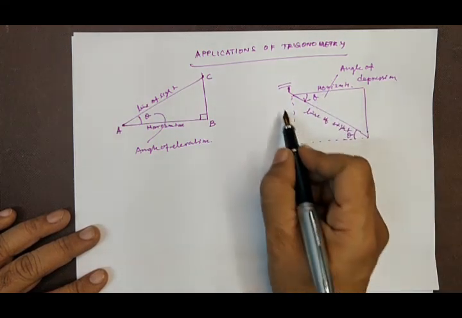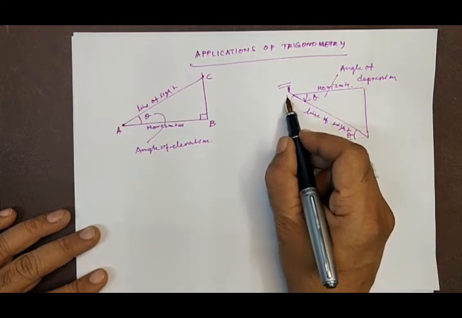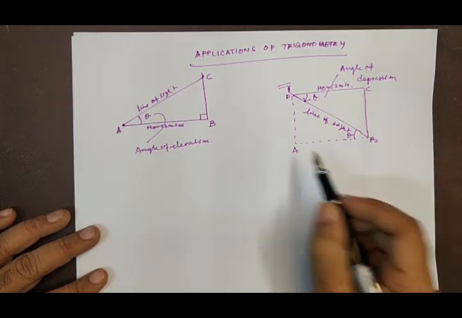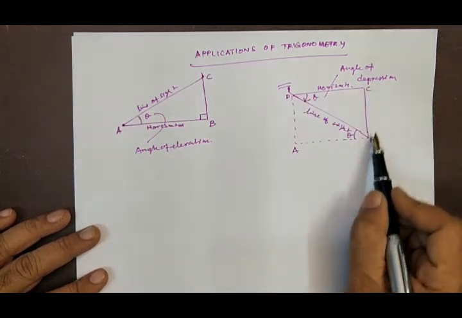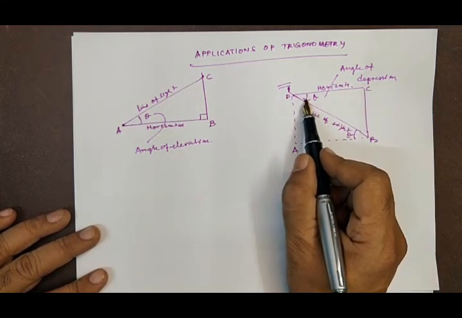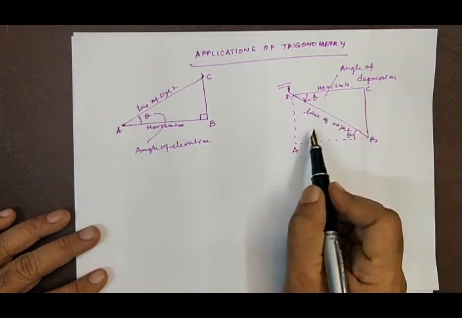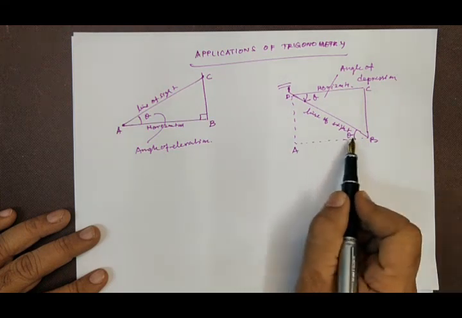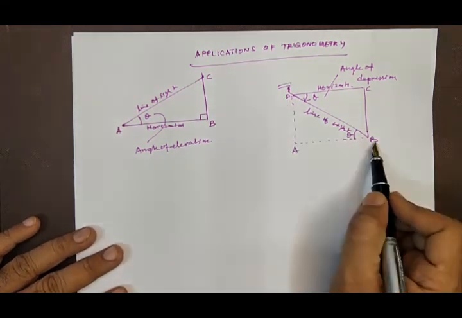For example, let me call this D, C, B, and this can be A. As far as the triangle DCB, theta is the angle of depression, whereas we can consider the same triangle on the reverse side and it becomes the angle of elevation.